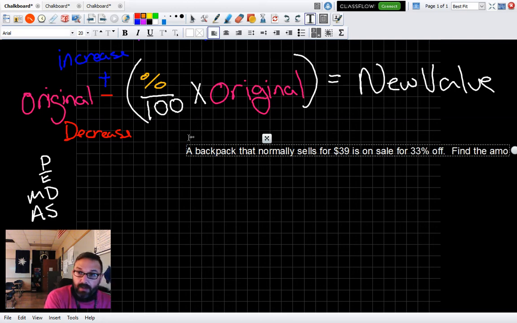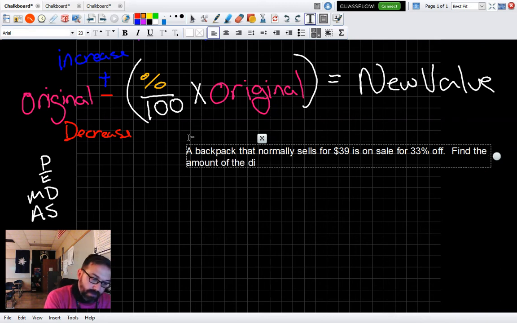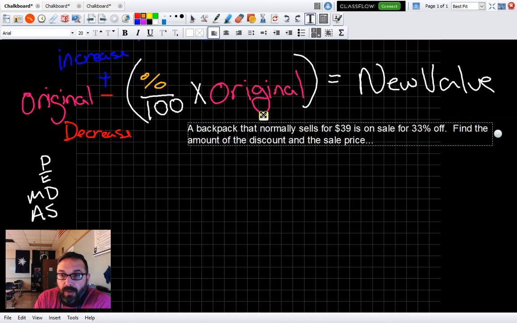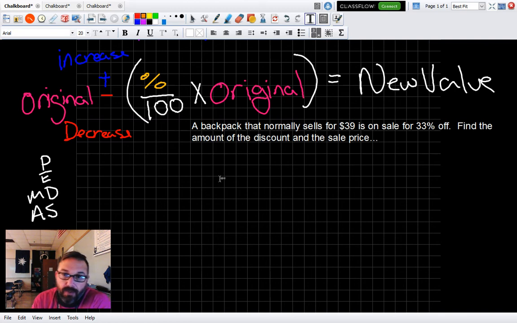Find the amount of the discount and the sale price. So I tricked you. This one, we actually need to do 2 different equations for.